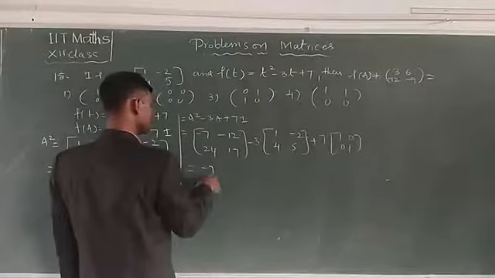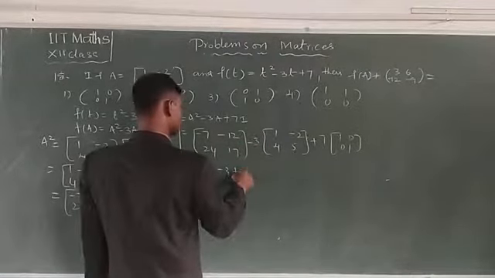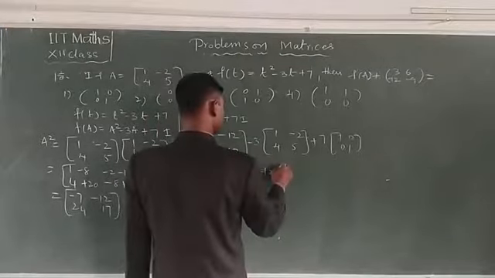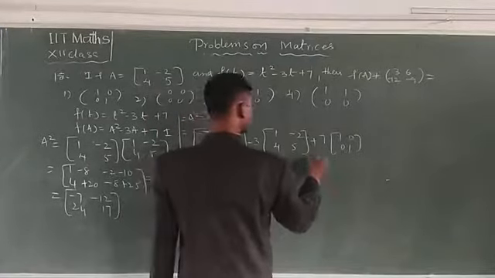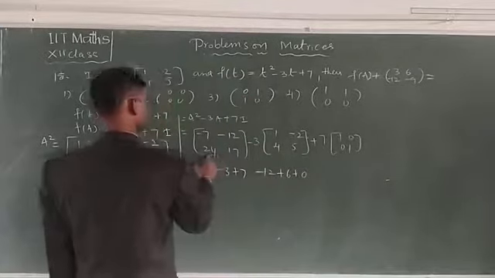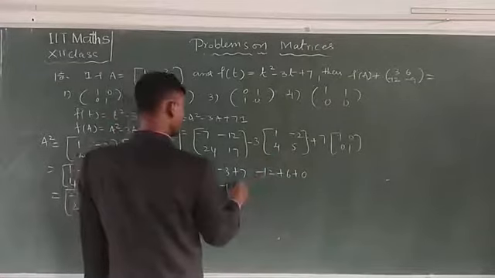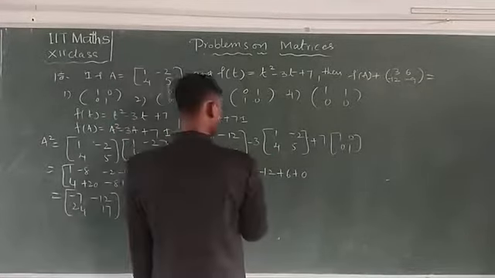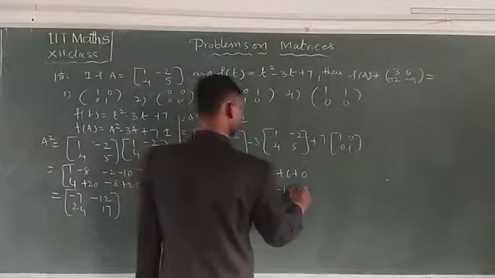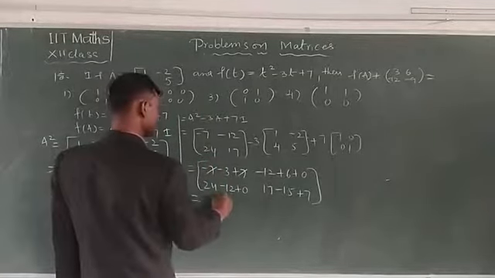Now you can write minus 7 minus 3 plus 7; minus 12, 3 into 2 is 6 plus 6; and this is 0. Next, 24, 3 4s are minus 12, plus 0. Next one is 17, 3 5s are 15 plus 7. 7 and 7 cancel, minus 3.